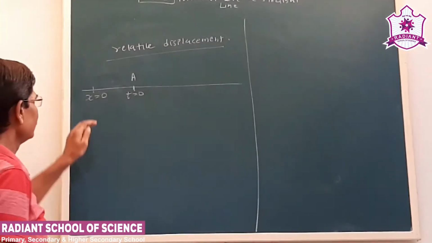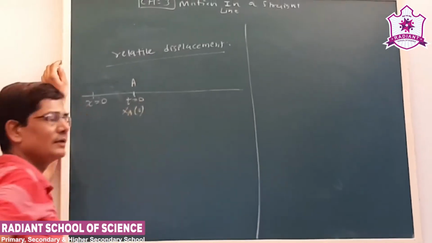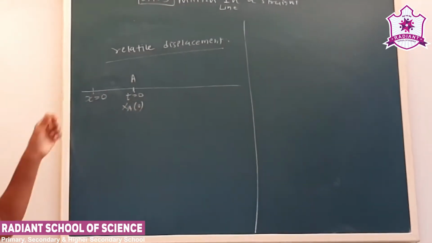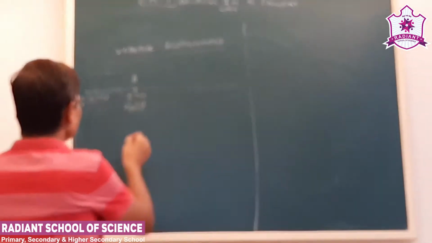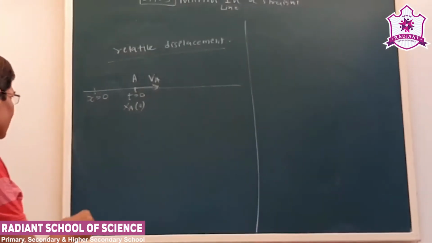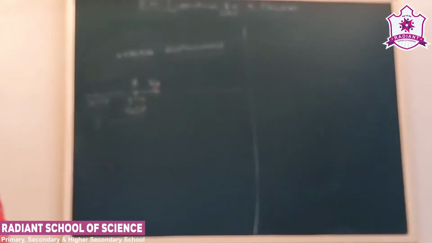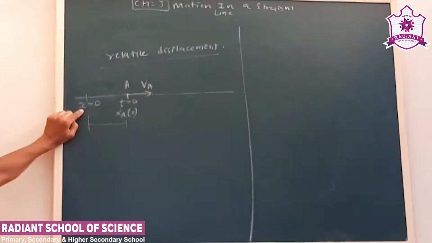The position of A, that we call xa, is the original position. Now let us say A moves with the velocity va. This distance x0a is the initial position of A with respect to the origin.